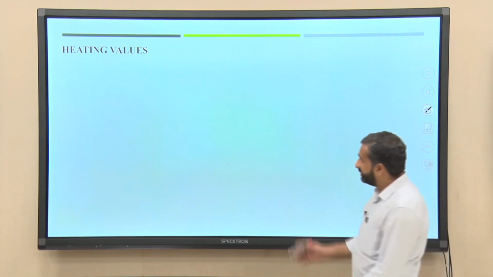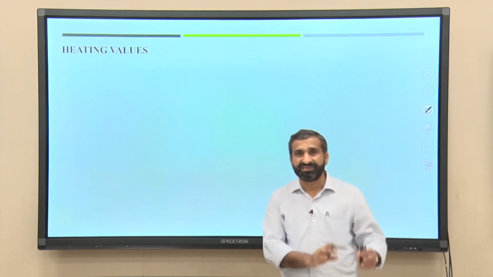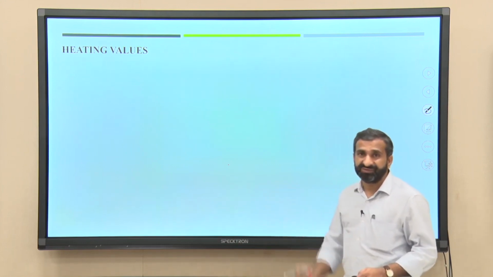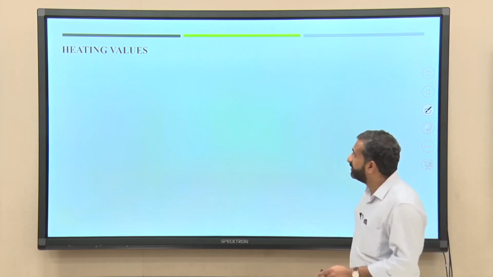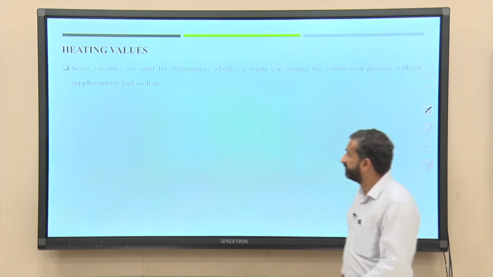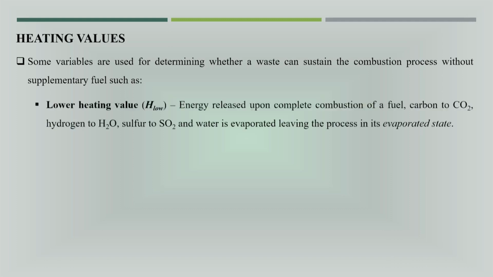Now, once we know the three major parameters, moisture content, combustible percentage, and ash content, what exactly is the heating value or calorific value, and how do we measure it? Some variables are used for determining whether a waste can sustain the combustion process without supplementary or auxiliary fuel, such as the lower heating value, that is one parameter.